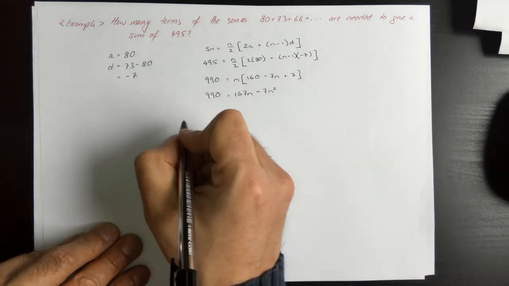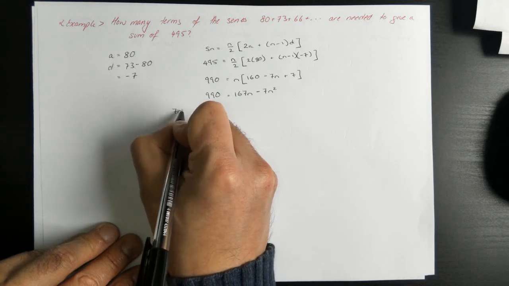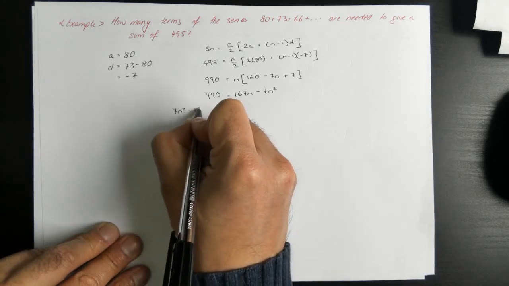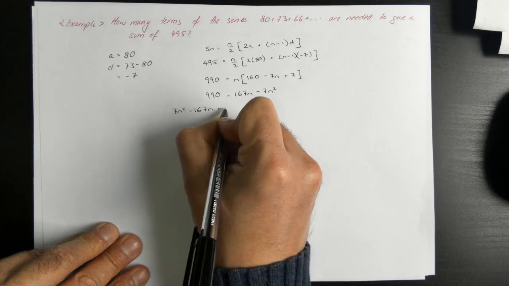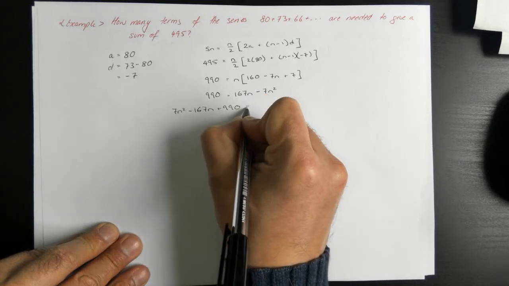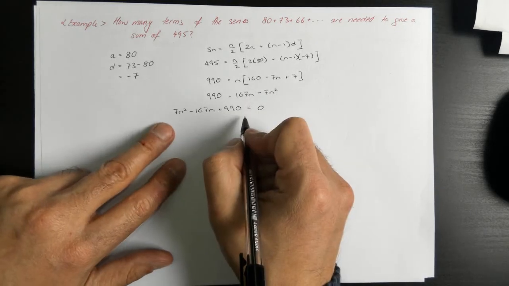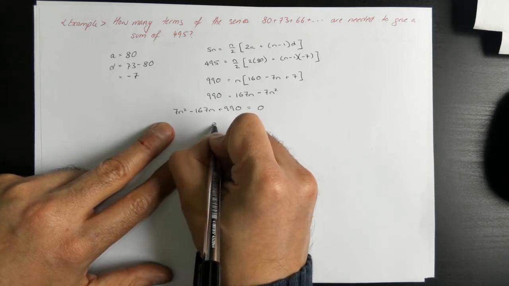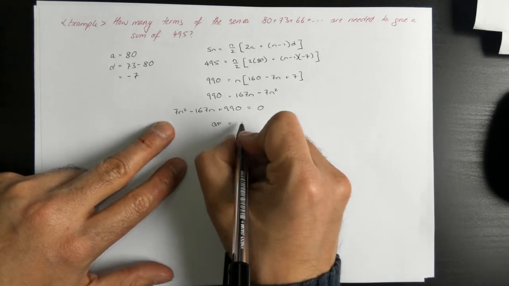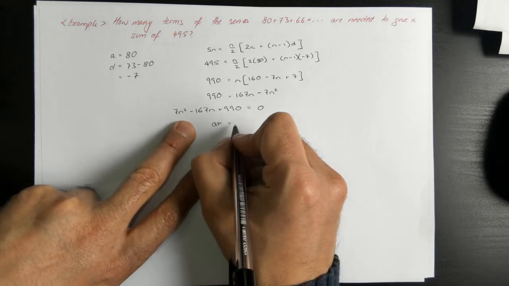And if I move everything to the left-hand side, I get 7n squared minus 167n plus 990 is equal to 0. So I get a quadratic. So now I can use my quadratic formula to figure out what n would be.